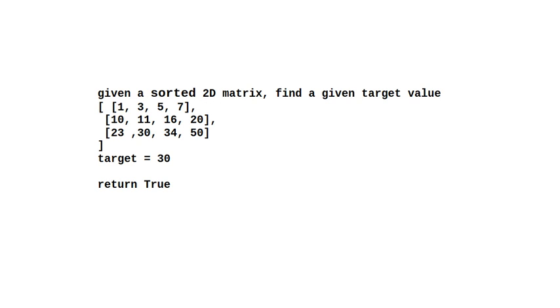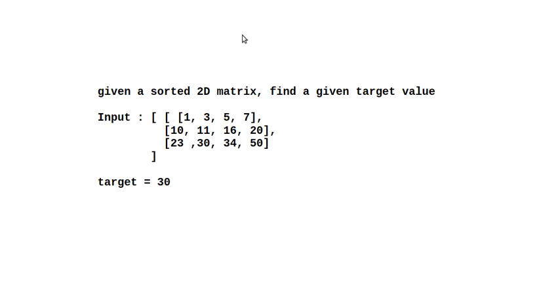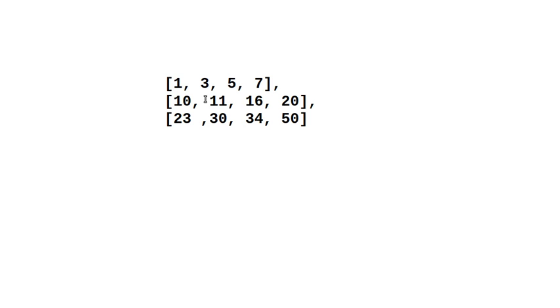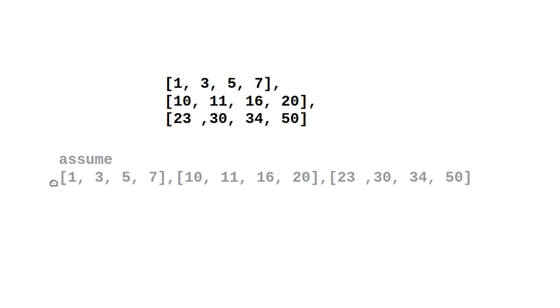Let's say this is the given input, the same example as above, and we assume this is a 1D array, because I flattened the 2D array into a plain 1D one. Based on this assumption, we could use binary search, because that's the most optimal.